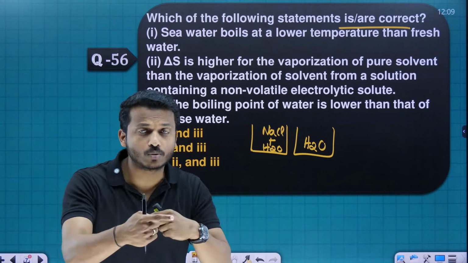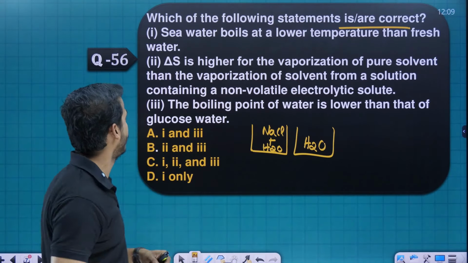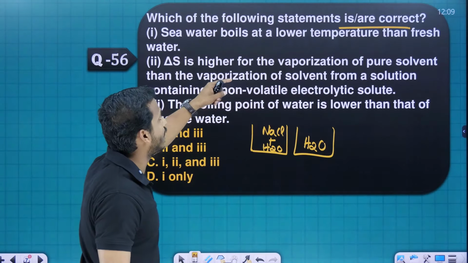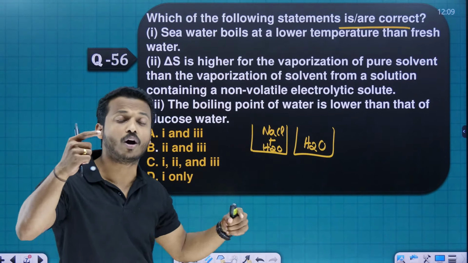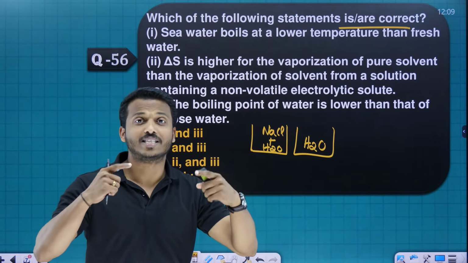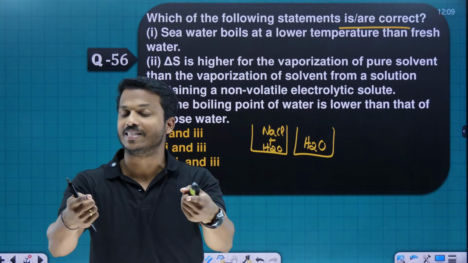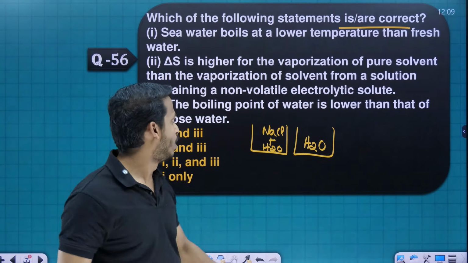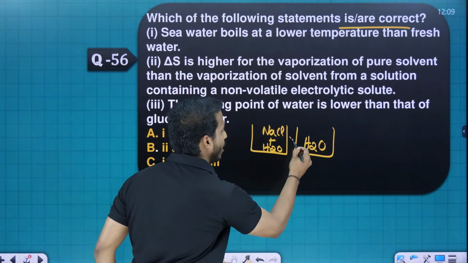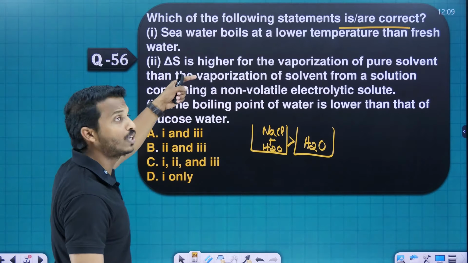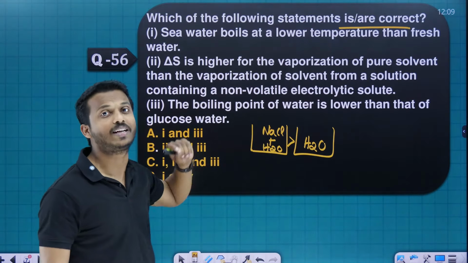More solute comes, vapor pressure decreases. Here they are asking about boiling point. As the number of solute particles increases, boiling point increases. So sea water has a high boiling point. So sea water boils at a high temperature, not a low temperature.